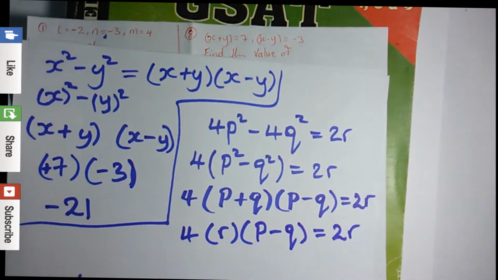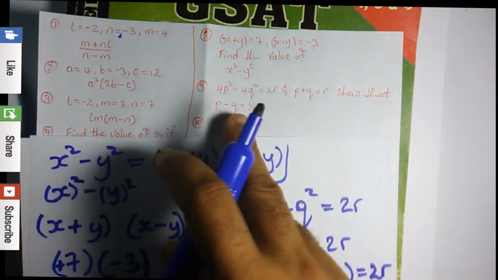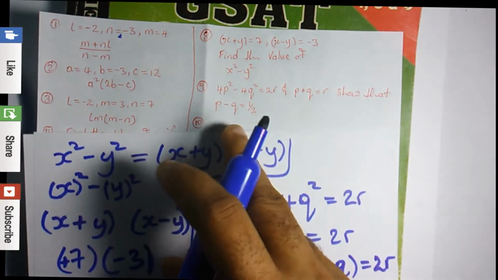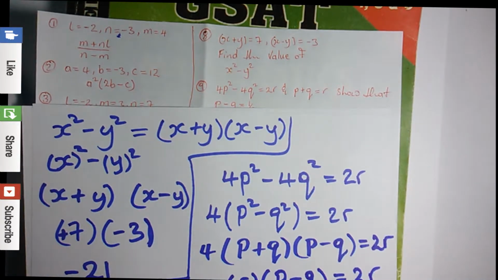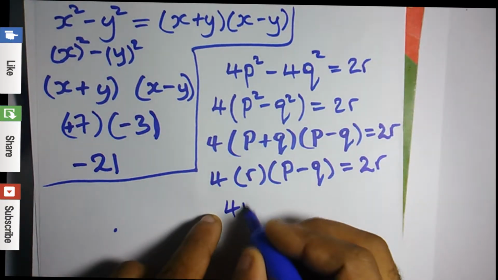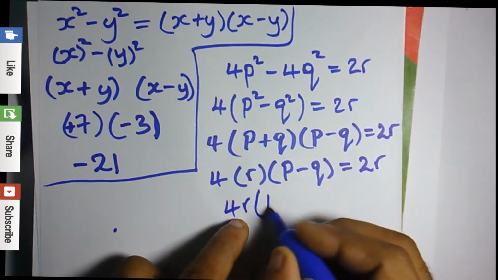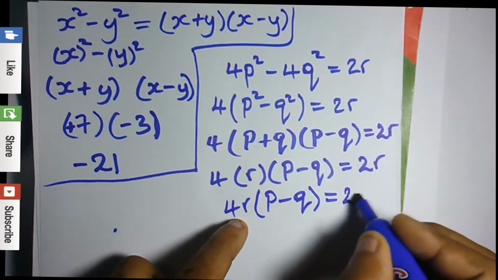Now, remember the question? They said that we're supposed to show that p minus q is equal to a half. Now, right here, 4 times r is 4r times p minus q equal to 2r.